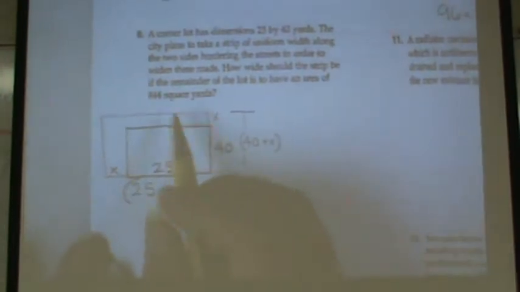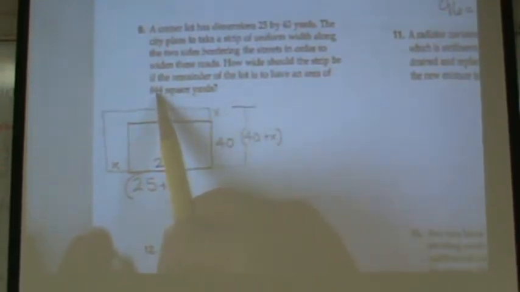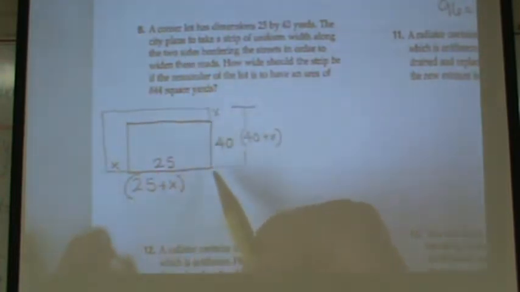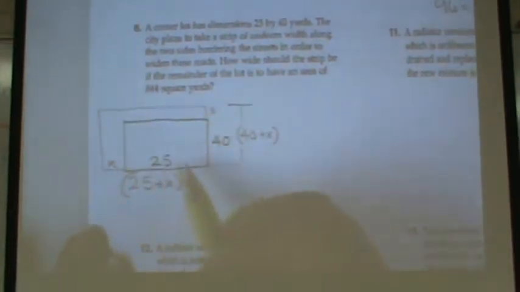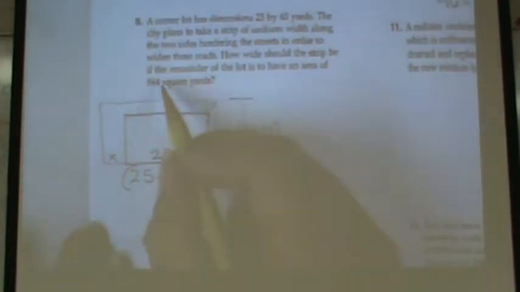It says the remaining area of the lot is to be 844 square yards. So you look at the area of the whole thing and subtract the area of the lot, and set that equal to 844.